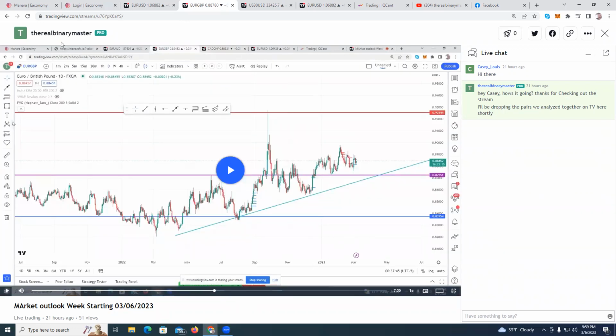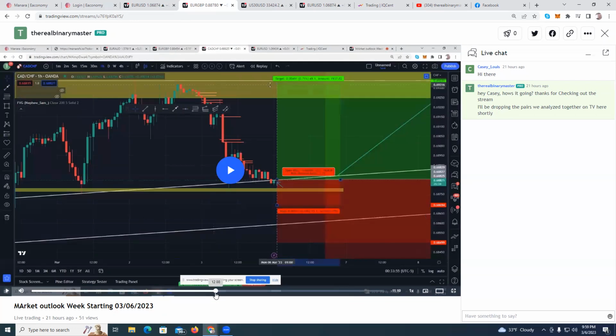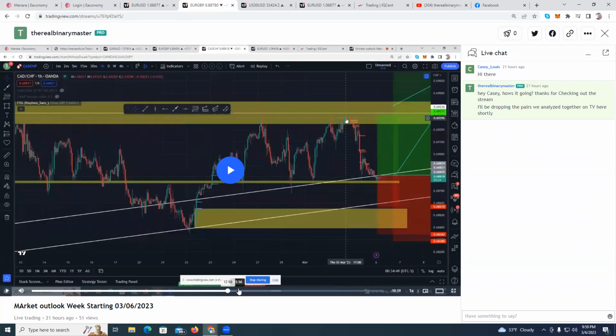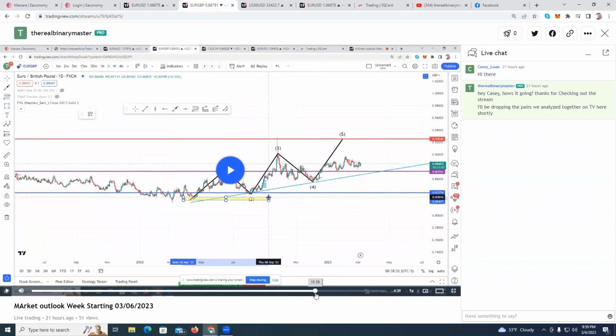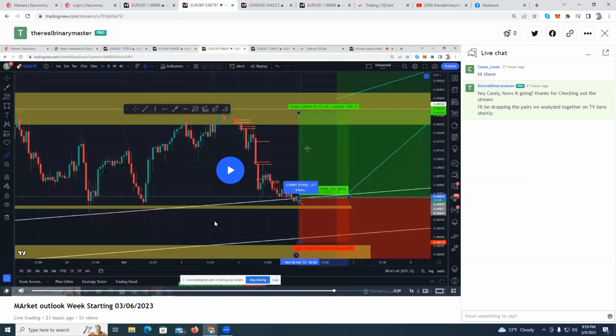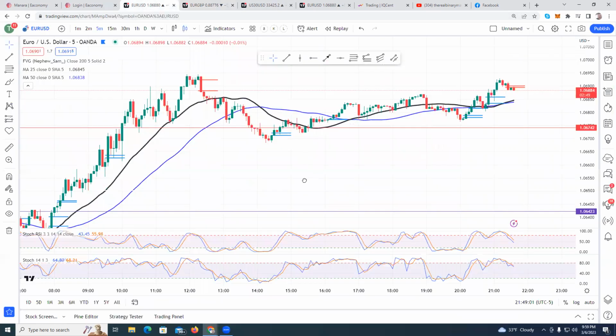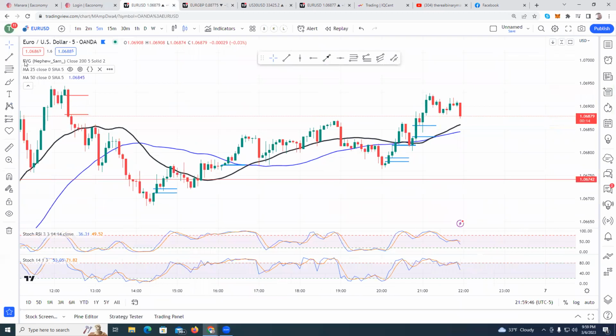Okay, Euro GBP was at 452 here. Okay, so Euro GBP was 452. See where that was at here. Different broker, but going to be similar.